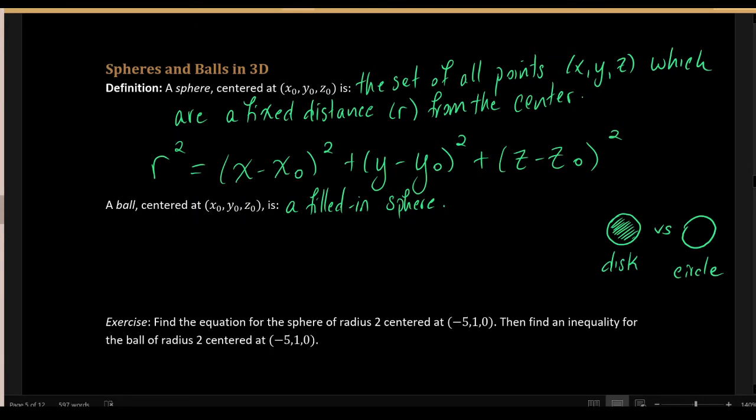The difference between a sphere and a ball is similar. The sphere is just referring to this outer shell where the points are exactly r units away from the center. But a ball contains the sphere and everything inside the sphere. So balls are usually described by an inequality, where the distance between the point and the center can be anything less than or equal to r squared.